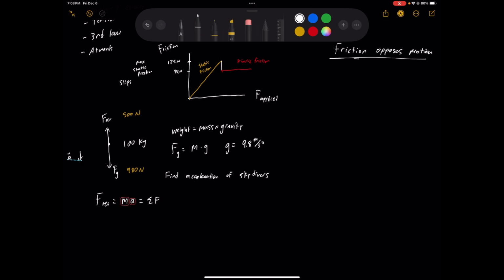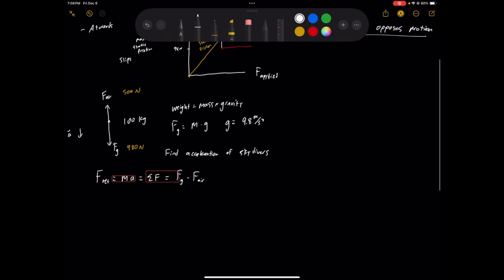I add up all the forces on my free body diagram: 980 newtons going down, the force of gravity, minus the force of air resistance. I'm going to use the convention where I call the direction of acceleration positive. It's a very useful convention. Since gravity is larger than air resistance, he's accelerating downward, so gravity is positive and air resistance is negative.